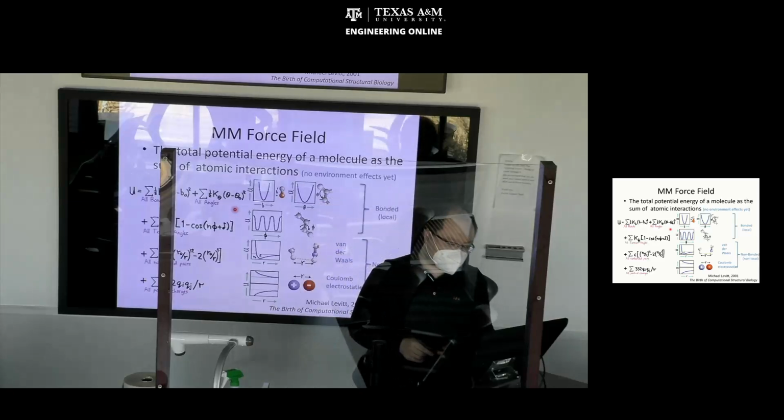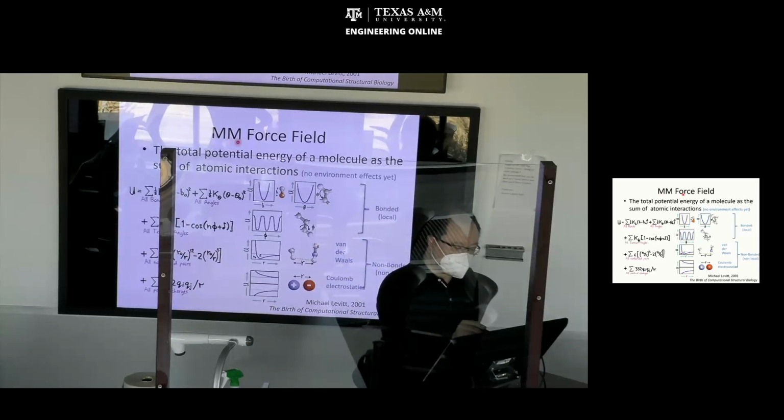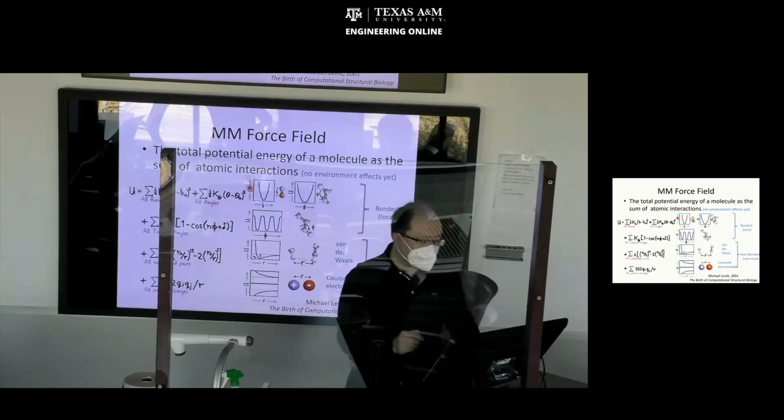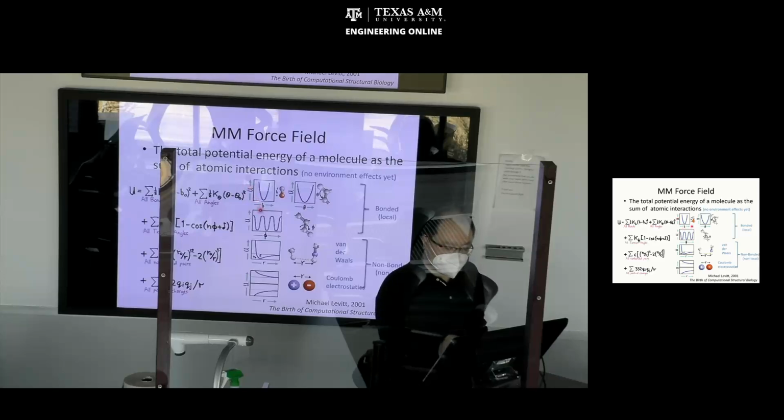So now let's talk about molecular mechanics alone. As I said, the molecular mechanics force field of a molecule is a sum of a lot of atomic interactions. There's the 1-2 interaction involving two atoms. In this case, we are looking at all bonds, and if the bond length deviates from the equilibrium b0, then we have a quadratic penalty, proportional to k_b, which is bond specific.